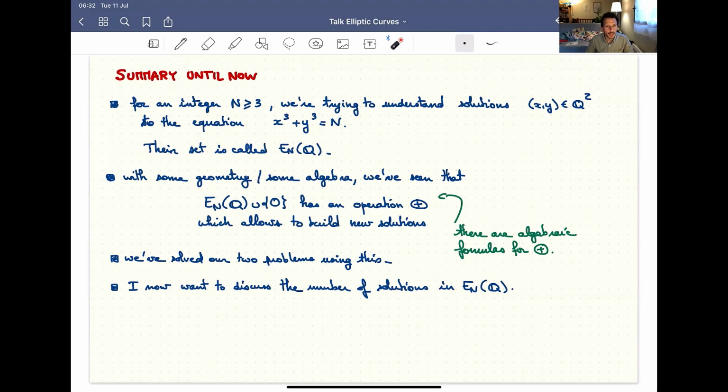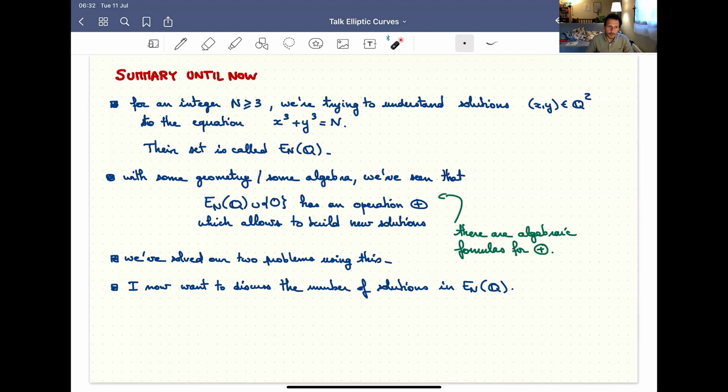And we defined a set. And with a combination of geometry, algebra, and so on, we've seen that for the set of solutions, if we add one extra point, then it has some extra structure. There's an operation called plus with a circle, which allows us to build new solutions from old ones.